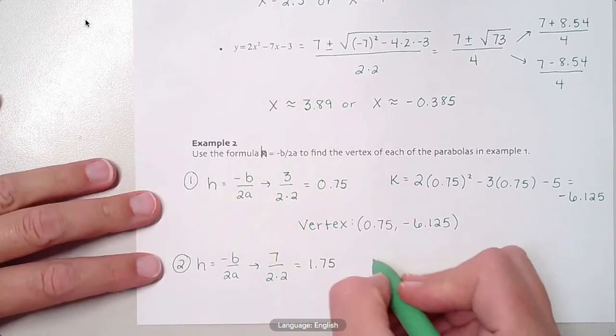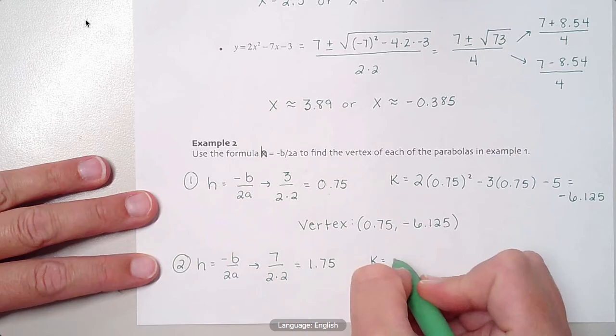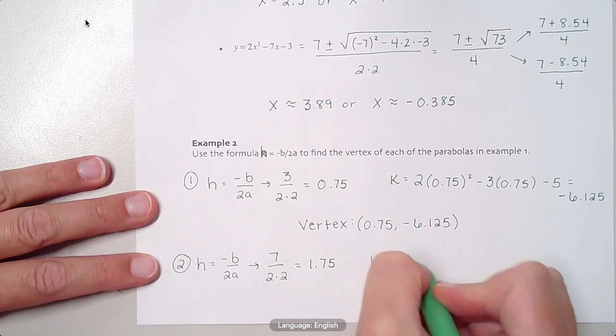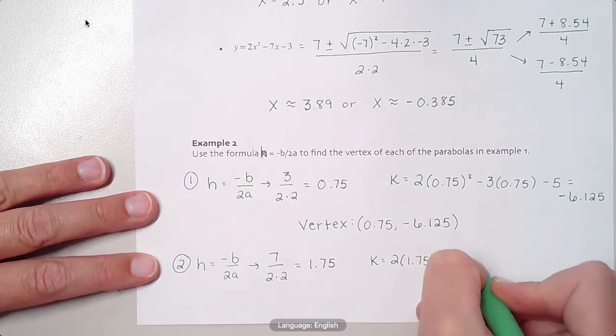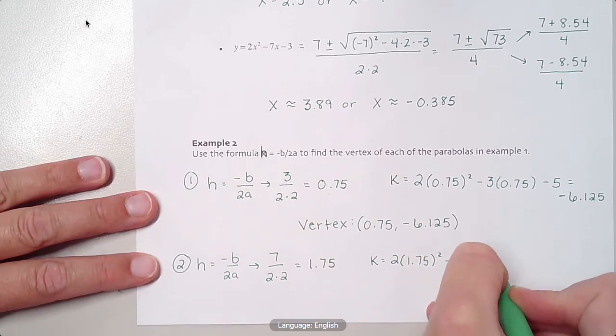So I'm going to go k equals 2 times 1.75 squared minus 7 times 1.75 minus 3.